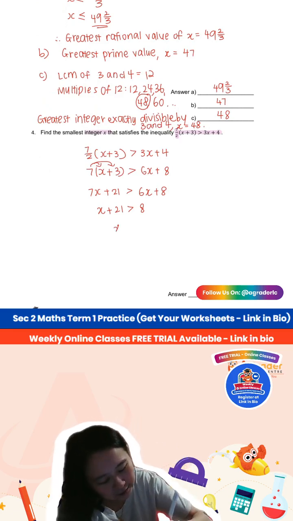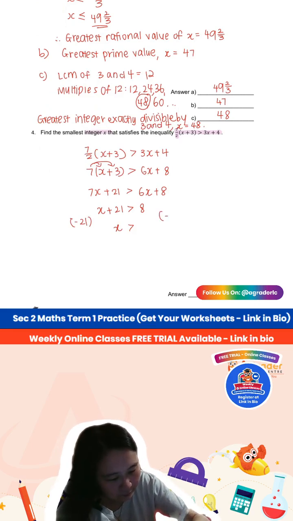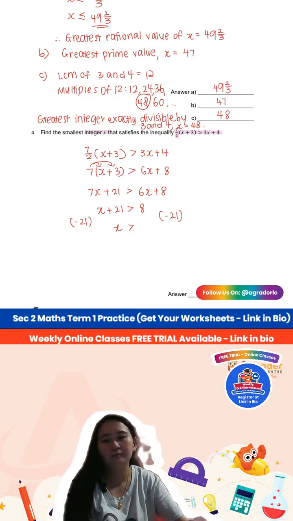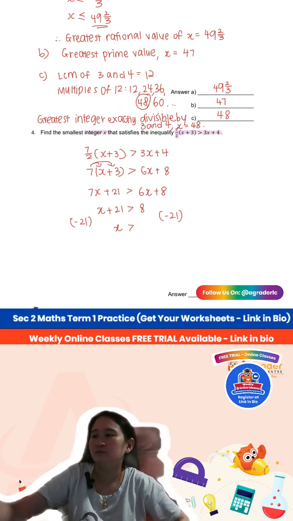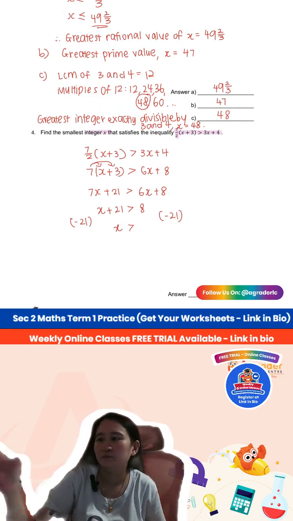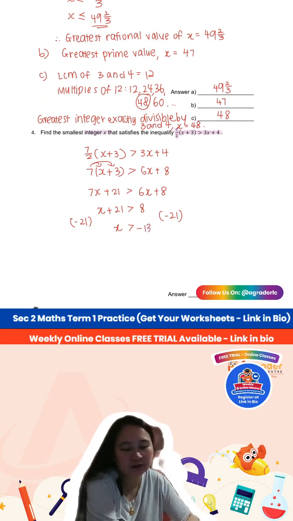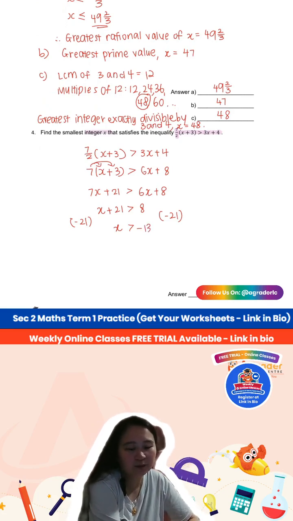And then we minus 21 on both sides. So 8 minus 21, we get negative 13. So x must be greater than negative 13.